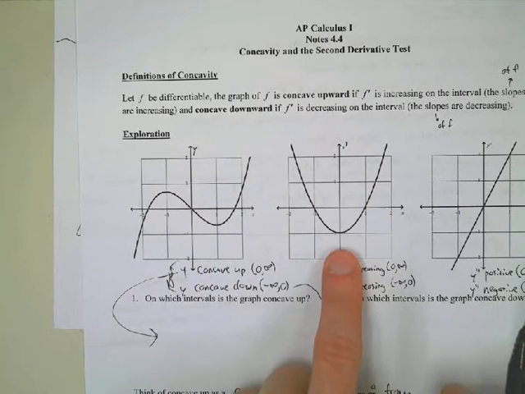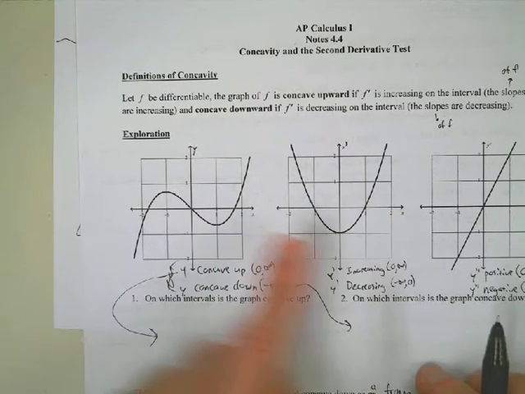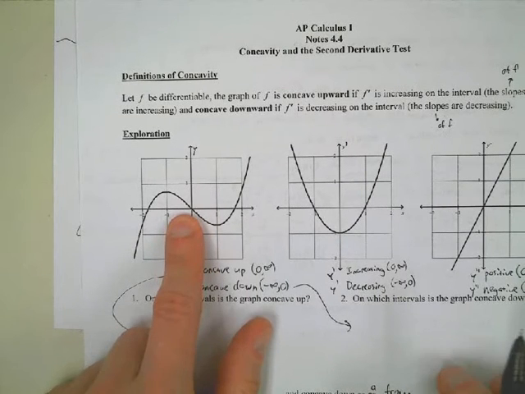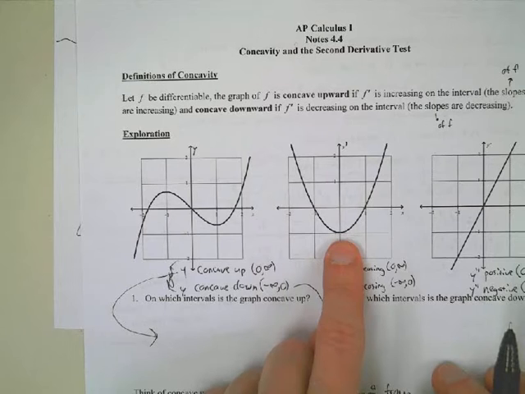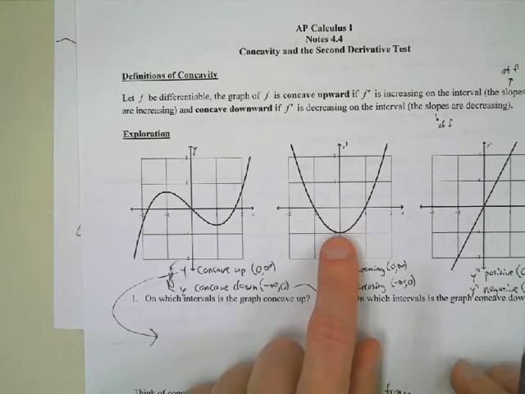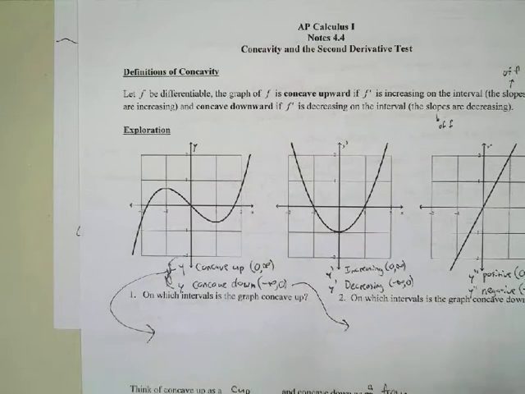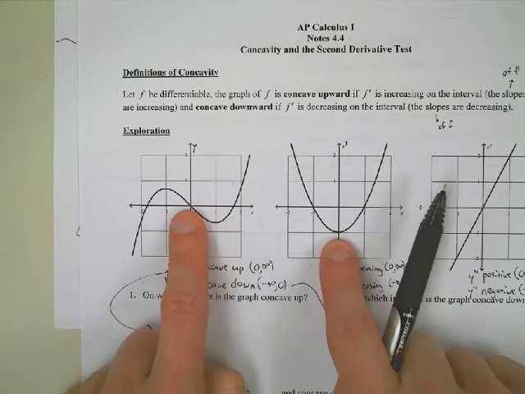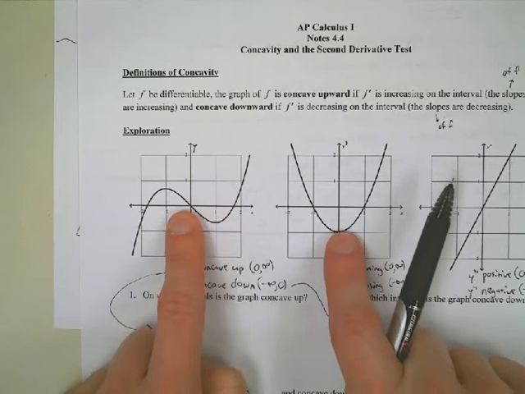So here, 0 was a critical number, 0 is a point of inflection. Here, 0 is a relative extrema for the derivative. And there is a relationship there, because both of these, the 0 point of inflection here and the 0 relative extrema here, are using the second derivative to determine them.